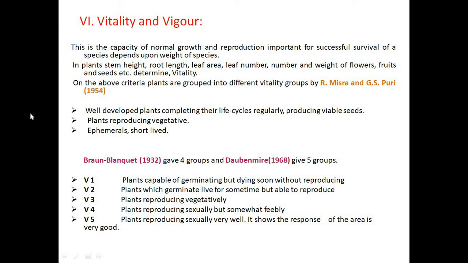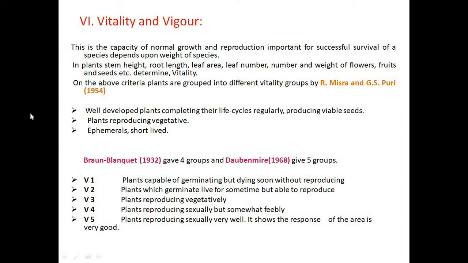And Brown and Blanquet in 1932 gave the 4 groups, and Daubenmire in 1968 gave the 5 groups. So these 5 groups are: the first group is the plants capable of germinating but dying soon without reproducing. In the second vitality group, plants which survive for some time but are able to reproduce.